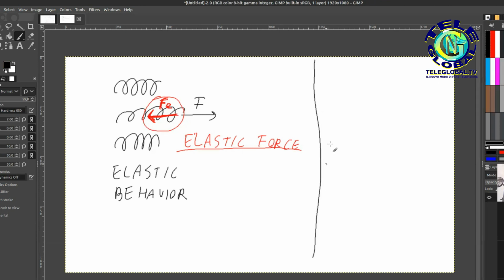So if you have a spring such that its normal length is L0, we also call this length at rest.